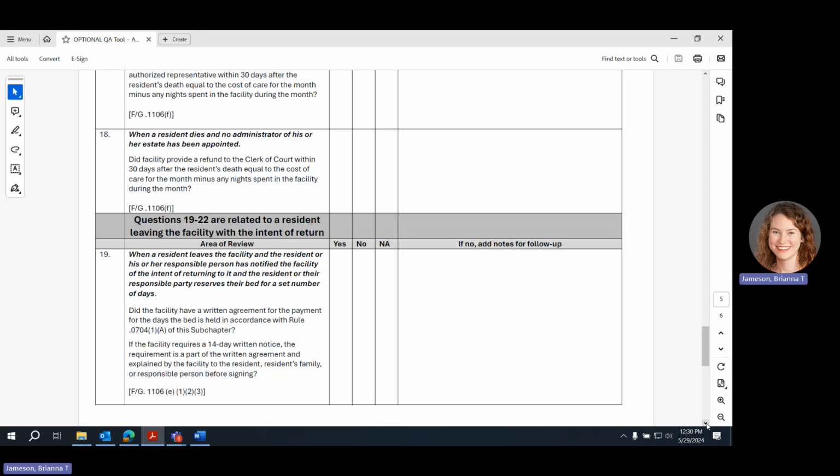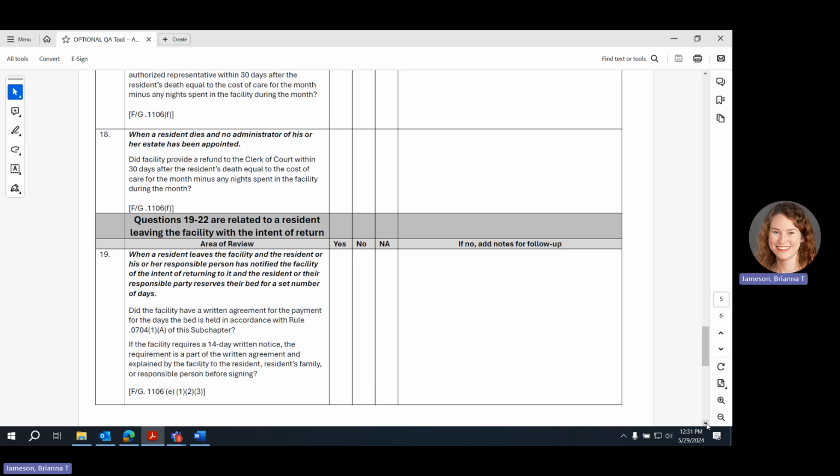So the 19th area of review: when a resident leaves the facility and the resident or his or her responsible person has notified the facility of the intent of returning to it, and the resident or their responsible party reserves their bed for a set number of days, did the facility have a written agreement for the payment for the days the bed is held in accordance with Rule .7041(a) of this subchapter?